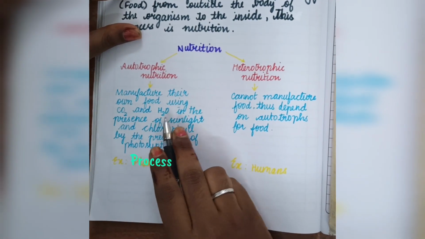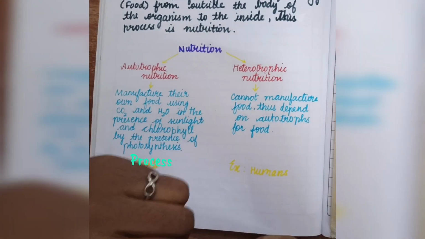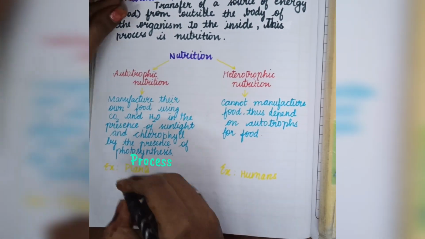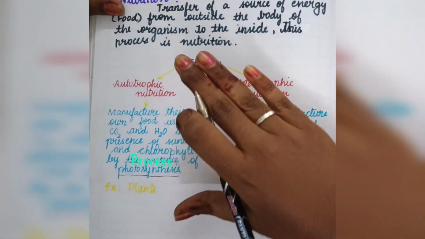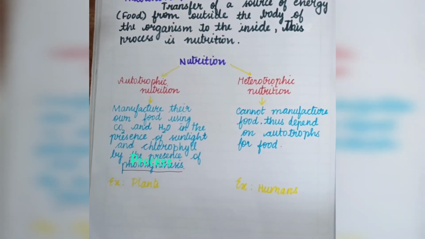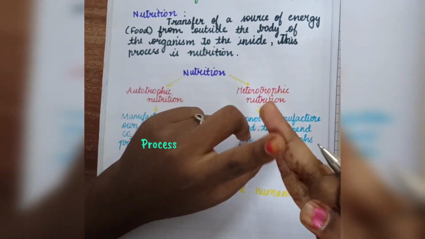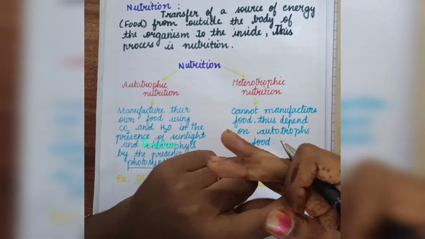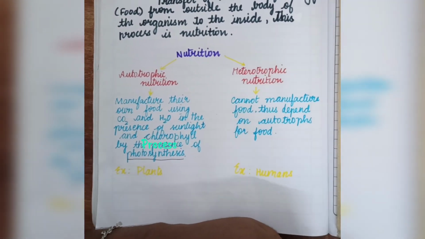Carbon dioxide and water in presence of sunlight and chlorophyll. Chlorophyll is nothing but the pigment which is present in the leaves. Photosynthesis is the process by which plants prepare food, right? So all these things come under autotrophic nutrition. Autotrophic nutrition is nothing but preparing their own food. Carbon dioxide, water in presence of sunlight and chlorophyll are necessary elements for the preparation of food, or photosynthesis.